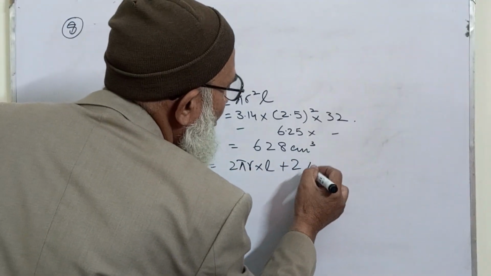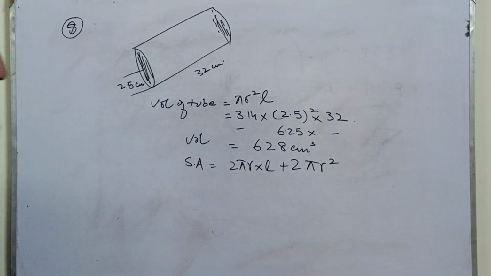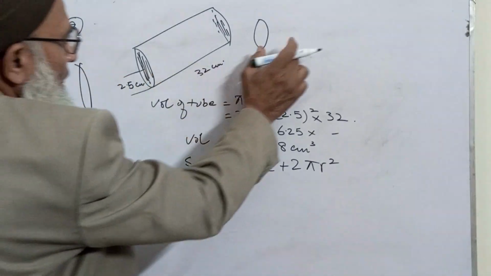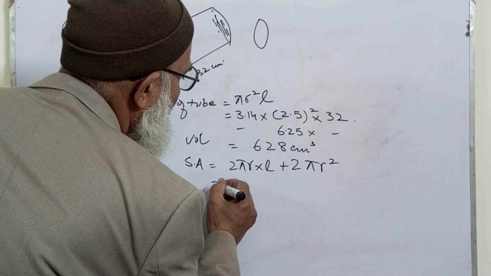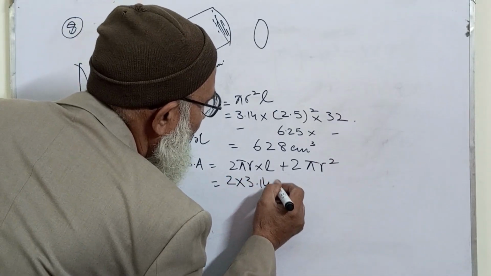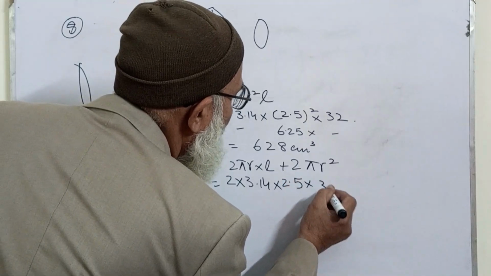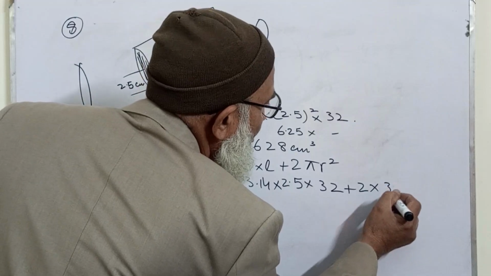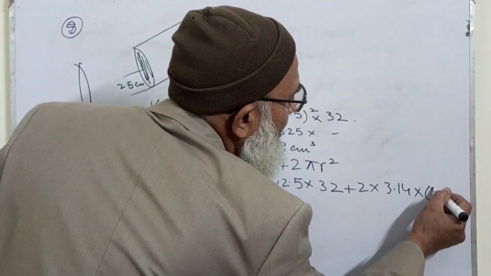So 2 pi r square, because it has two seals, one here and one here, and they are at the same dimensions. So it will become 2 into 3.14 multiplied by the radius 2.5 multiplied by 32, plus 2 multiplied by 3.14 multiplied by 2.5 the whole square.